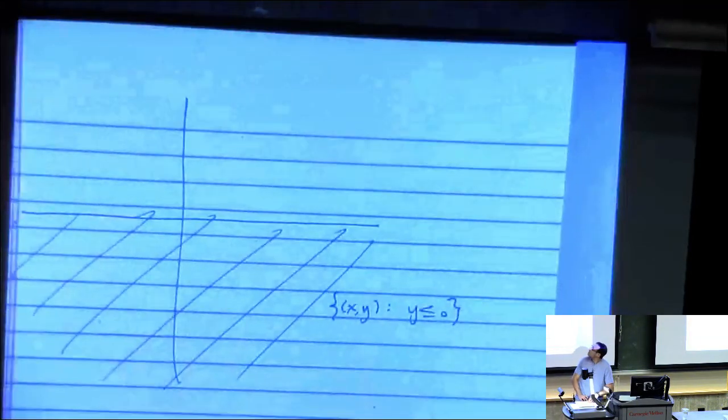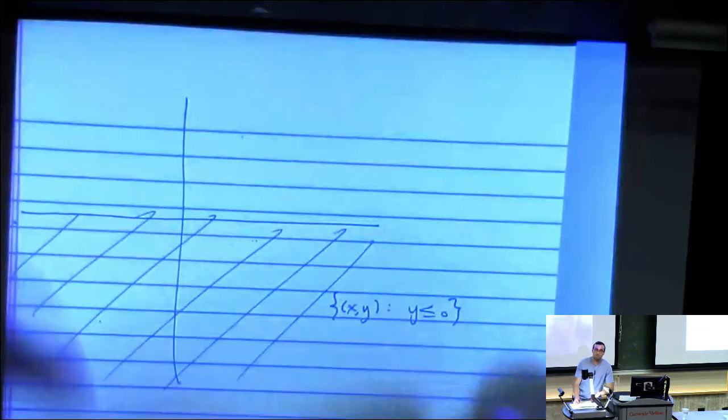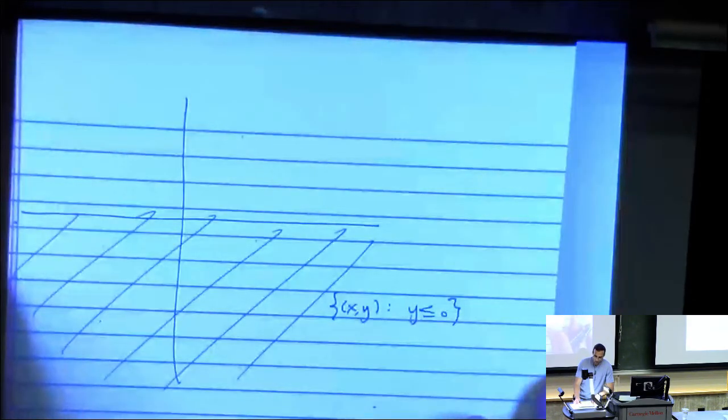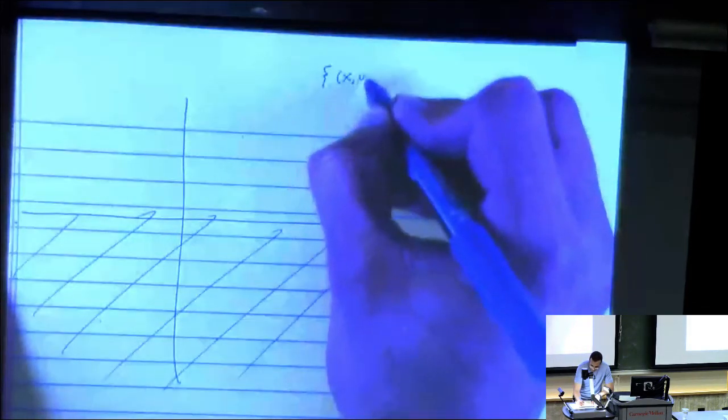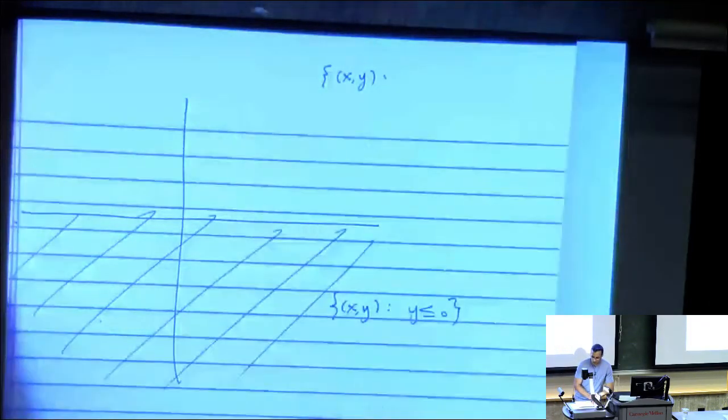Let's consider the following two sets. I'll take, again, the set of all x, y such that y is less than or equal to 0. That'll be this set. It's closed and convex. I'm also going to take the epigraph of 1 over x. Didn't define the epigraph yet, did I? I did not, sorry.